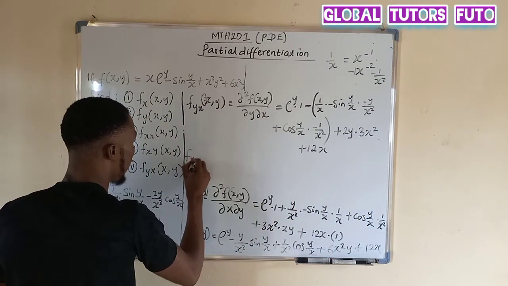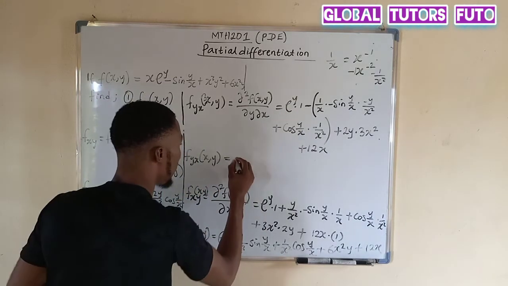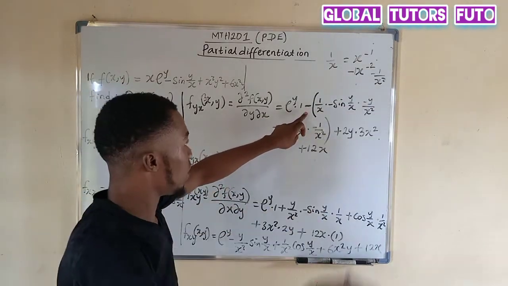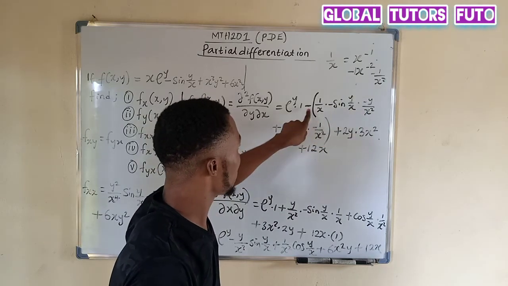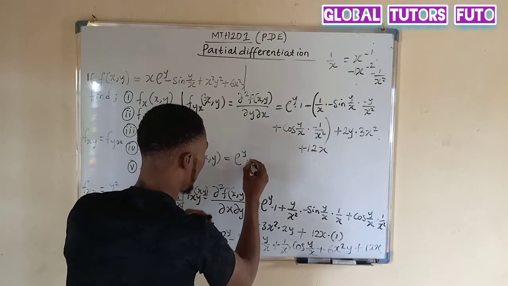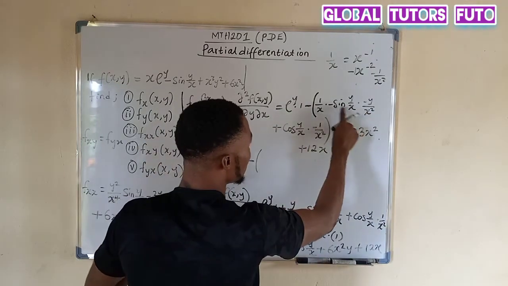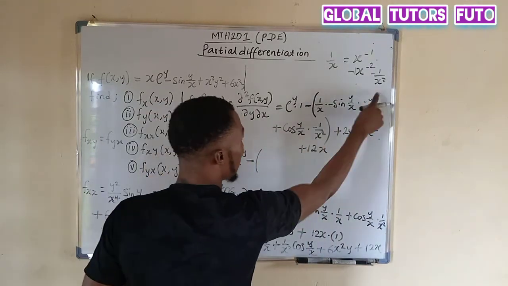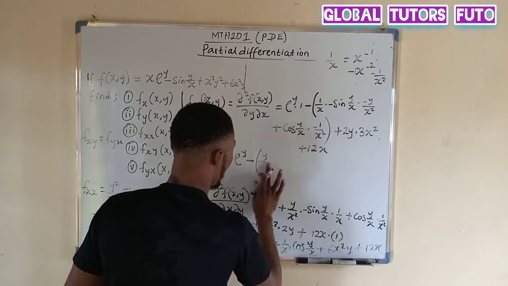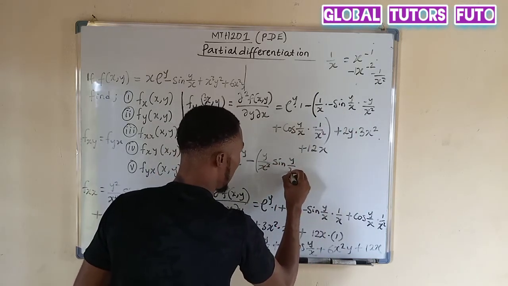So f of yx of x comma y will be equal to, this times 1 will give us e raised to power y. Now the minus can penetrate. Remember that there is a minus here. Minus times minus. Let me keep the minus outside. So let's obtain this and this. This times this, minus times minus is plus. 1 times y will give us y over x, times x squared will give us x cubed, sine y over x.